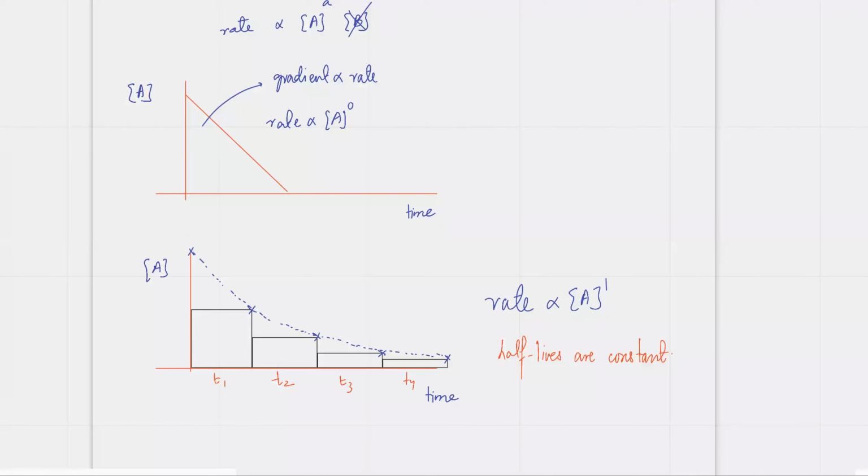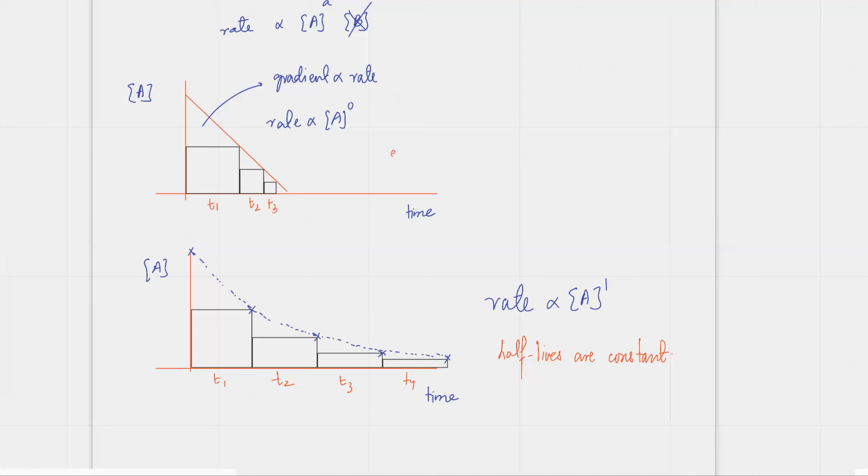But if you were to measure the half-life, it would look like this. What's the time needed for the concentration to decrease by half? That's this. Then what's the time required for the concentration to decrease by half again? That's this. And again? That's this. Now you can see that every time the half-life, or the time needed, decreases. The first half-life is big, the second time it's smaller, the third one is even smaller.